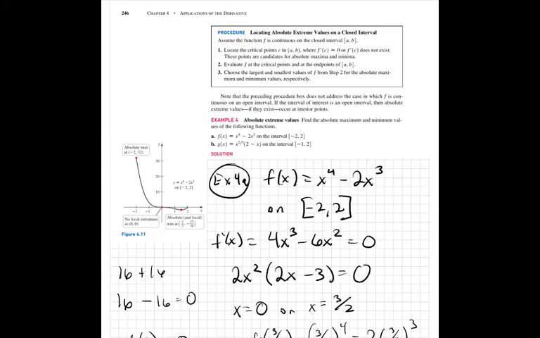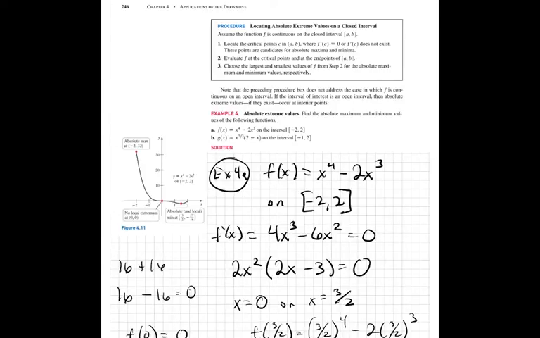So then part B, we have g of x equals, oh, I'm totally out of space. Let me just go like this. x to the 2/3 times 2 minus x on the interval from -1 to 2.